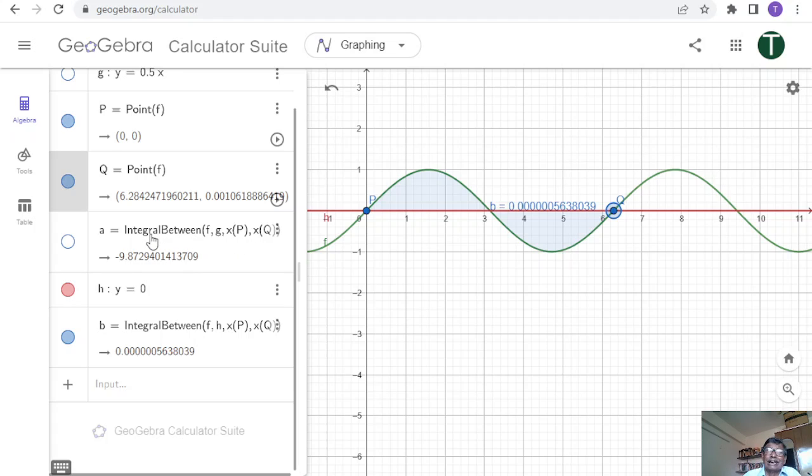As I am telling you repeatedly, you write the few words integral, then it will give several options. And the option I have chosen is two functions and the limits of integration, that is the x coordinate of some points. I have made P and Q restricted to that curve so that I can change the interval at my own will.